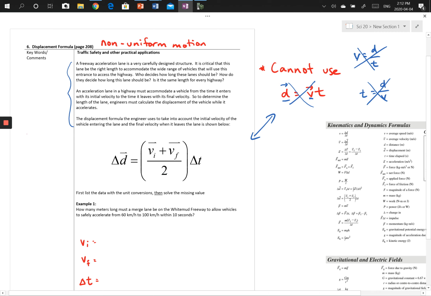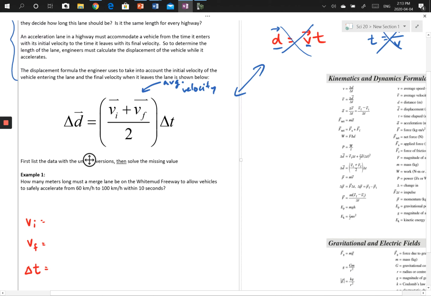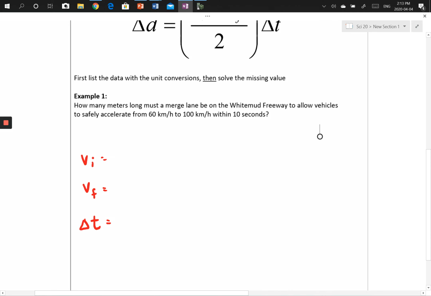Whenever I'm taking two values, adding them up, and dividing by 2, what I'm really finding is the average velocity of my moving object. I'm going to take the average velocity, multiply that by time, and I'm going to get my displacement that way. So let's look at an example of this.